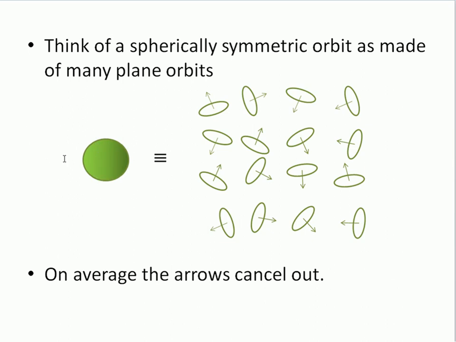So that it's only spherical because it's made up of many plane orbitals. Well, on average, the arrows are going to have to cancel out, right? The magnetic moment and the angular momentum will end up being zero. That's why there's no expectation that a silver atom should have any type of magnetic moment.